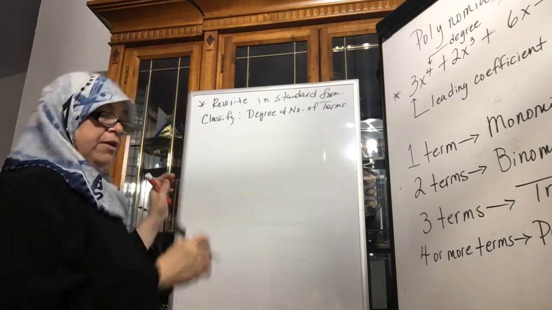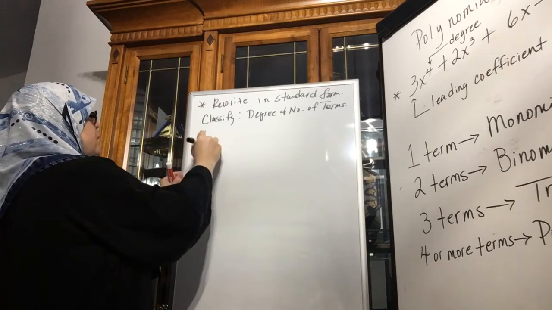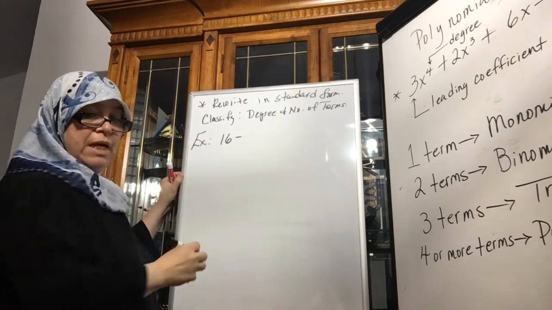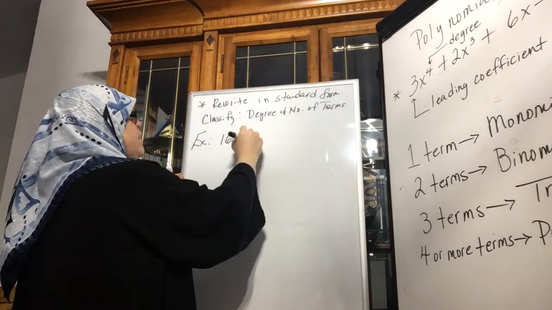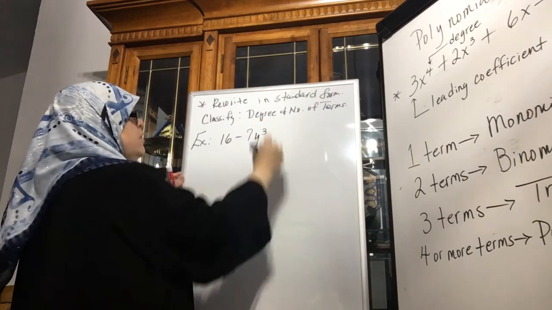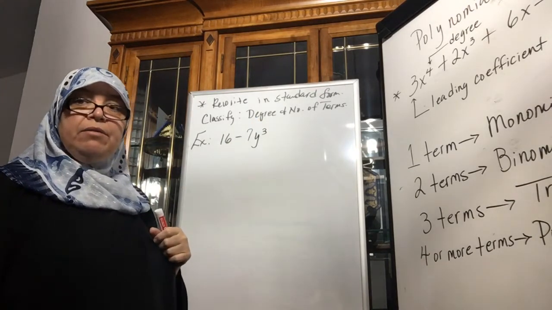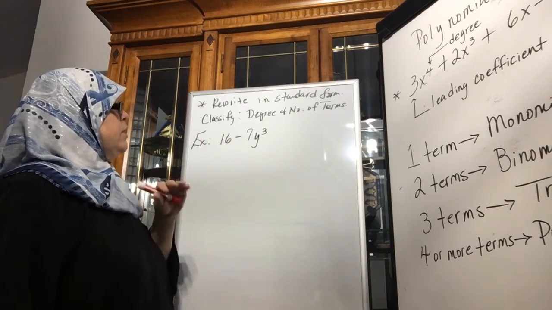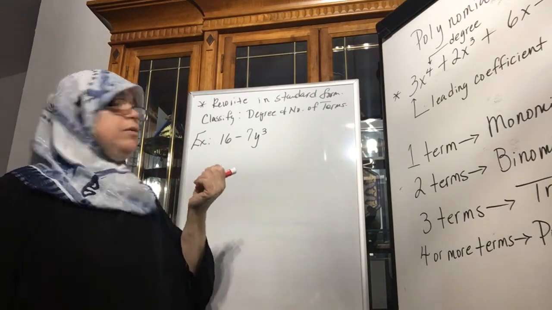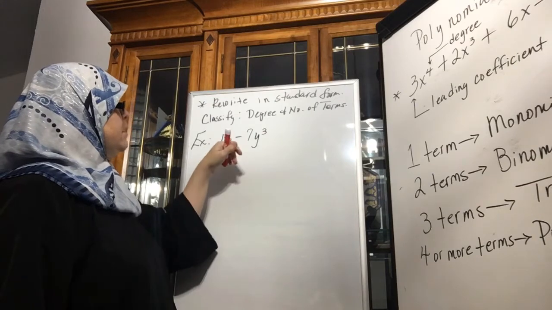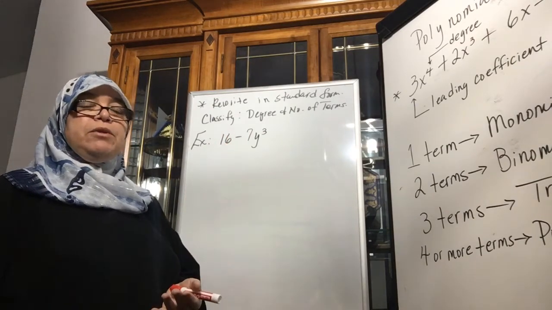What if I have 16 minus 7y to the third? Okay? Now, this has only 2 terms, so we already know it's a binomial. We cannot combine anything because 16 does not have a variable to it.